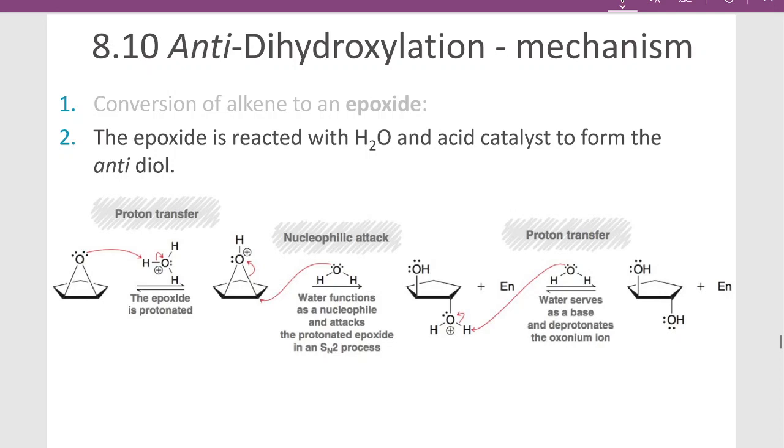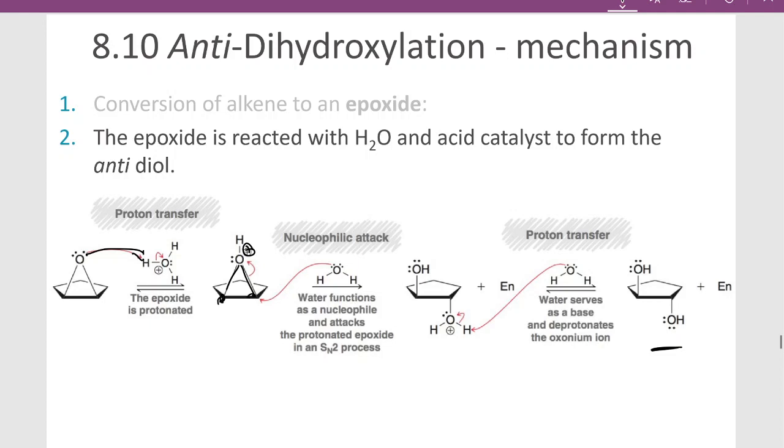And to open that epoxide, we can get the trans diol. To do that, in this case, we're going to use hydronium, which is acid in the presence of water. The epoxide is protonated in the first step, and we form this three-membered ring with a positive charge. This is starting to look a little bit familiar here. Now that makes that three-membered ring have a partial positive all the way across it.